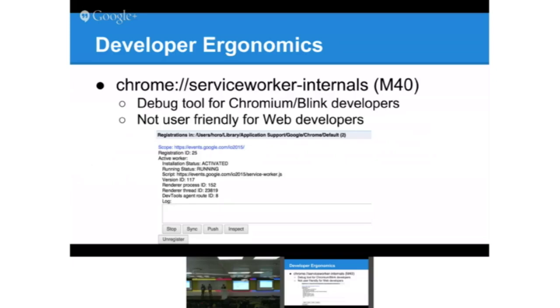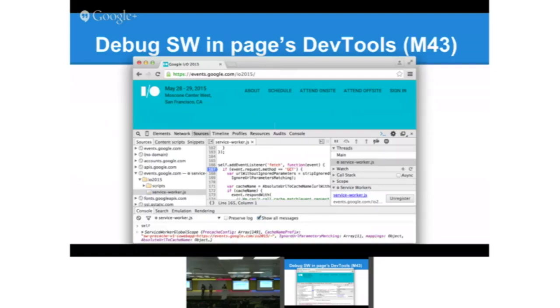And from milestone 43, service worker can be inspected from the DevTools page of that page. Web developers can debug service worker script in this page. This is the Google I/O homepage, which is using service worker.